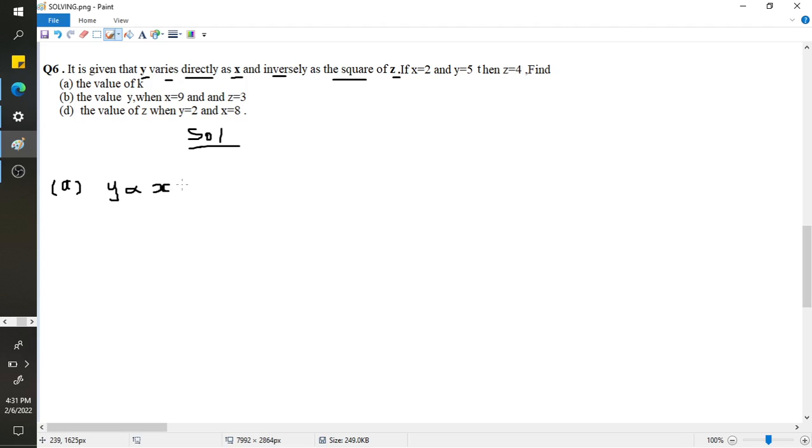So remember, we have inversely as the square of z, so we have multiplication there. We are multiplying x by 1 over the square of z.